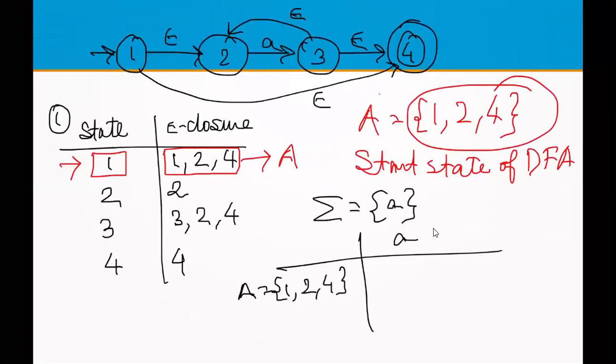So if you see in this set A, I have 1, 2, and 4. So in our NFA, let us see on 1, if I get input symbol a, what is my transition? Nothing. On state 2, what is my transition? It is a. I think this would be more clear if I draw the state transition table for the NFA.